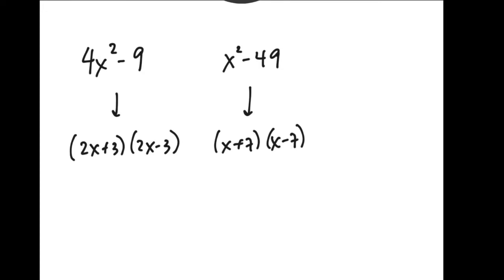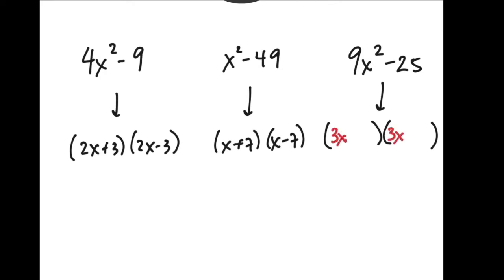So let's say I gave you 9x squared minus 25. What are the factors going to be? It should be 3x minus 5, plus 5.